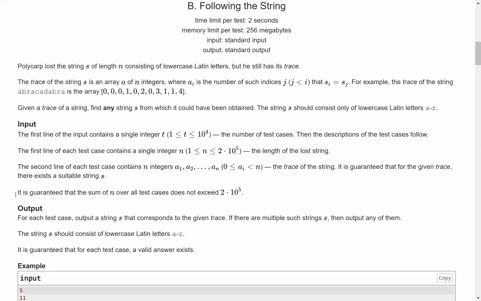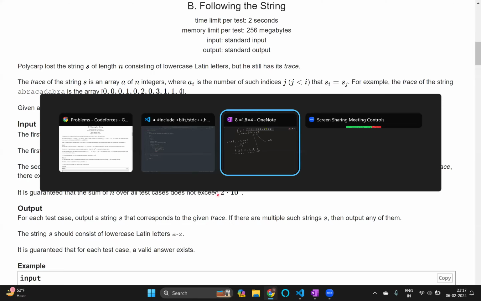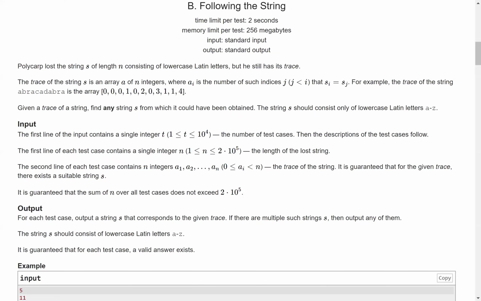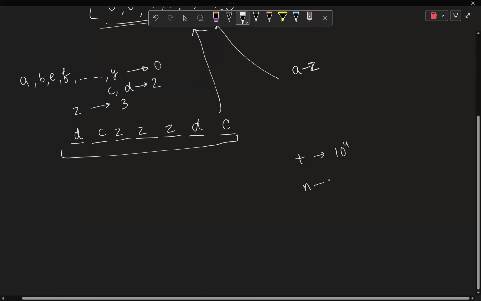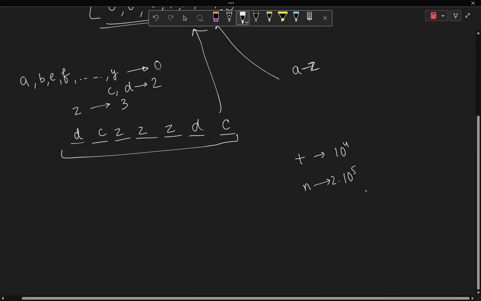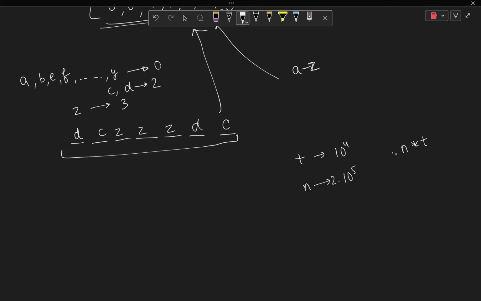See, they have mentioned that the sum of n over all the test cases will not exceed 2 into 10 raised to the power 5. Right now you're saying that t can be as large as 10 raised to the power 4 and n can be as large as 2 into 10 raised to the power 5, so you are thinking that in the worst case you will have n into t, right? That's what you are thinking.